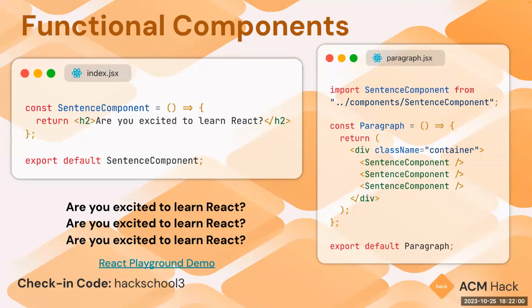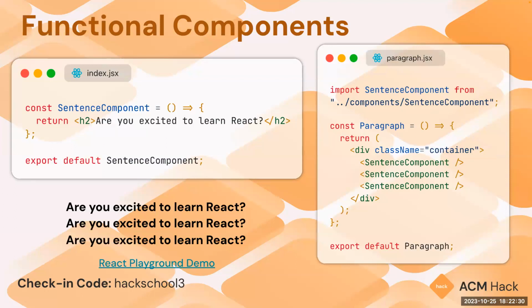I'll go over more about that in the next slide, but essentially in our paragraph component, we're wrapping everything into one div, which is a container. As we learned before, you can only return one element in React. So we have just three sentence components, and you can see an example of what that would look like over here. They just repeat the sentence three times. So we're just using the component.